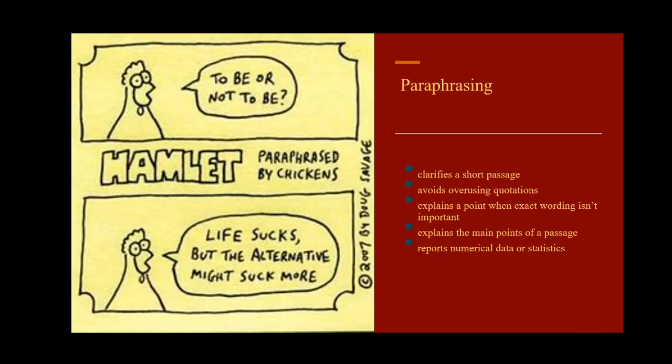Let's look at the paraphrase that these chickens are using. Life sucks, but the alternate might suck more. Yeah, it is a little humor in there, but actually that paraphrase from "to be or not to be" is accurate and concise and clear.